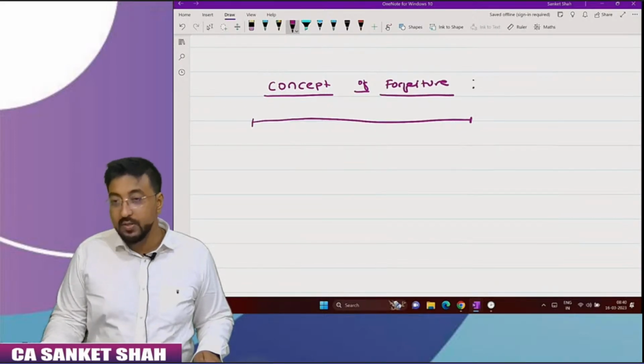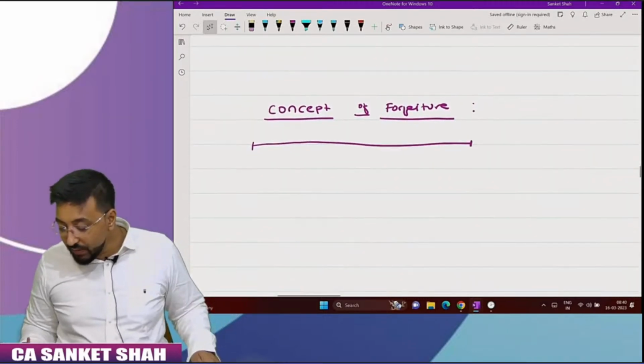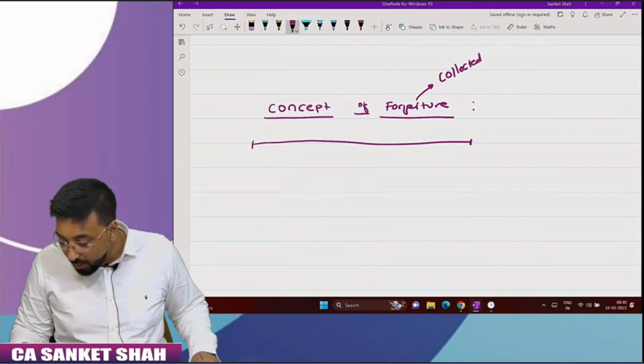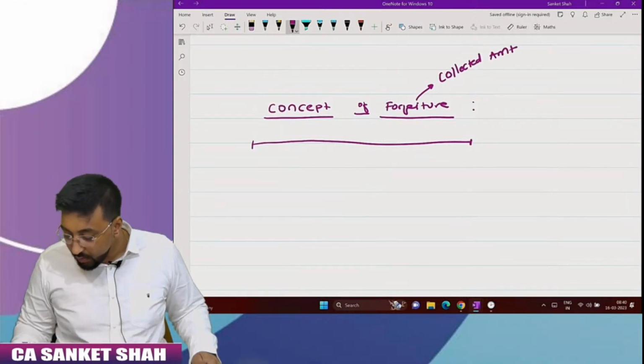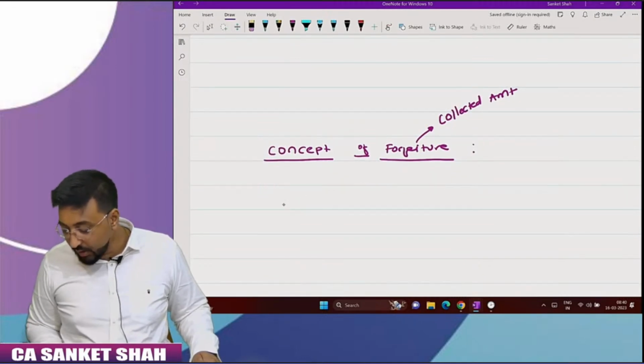See beta, concept of forfeiture, understand it. Forfeiture means collected amount. Collected amount. Okay. Forfeiture का meaning है collected amount.